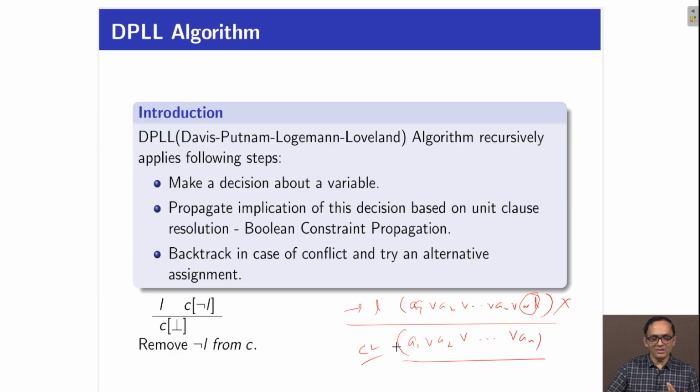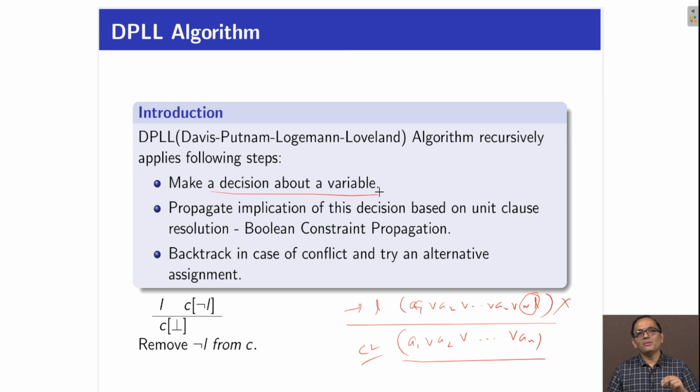You have a set of clauses, and we assume the formula is in CNF, conjunctive normal form. So you have to make sure that each clause individually becomes satisfiable. What we do here is arbitrarily pick a variable. It is actually not arbitrary, there are many heuristics which we are going to learn in subsequent classes.